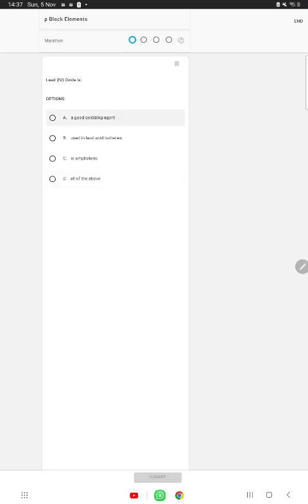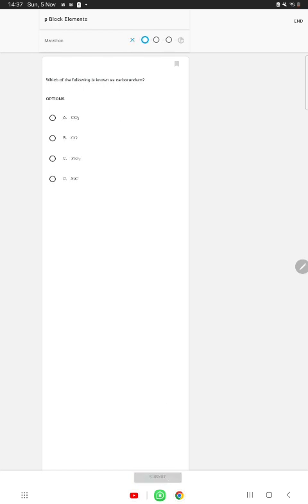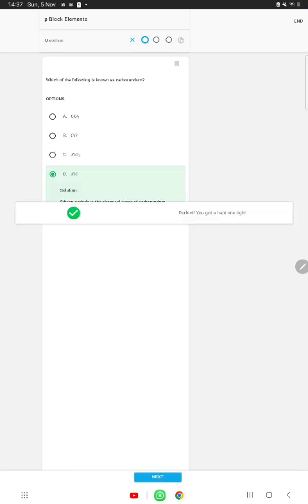Four is good oxidizing agent. Lead batteries. It's good oxidizing agent. Which of the following known as carborundum? SiC.